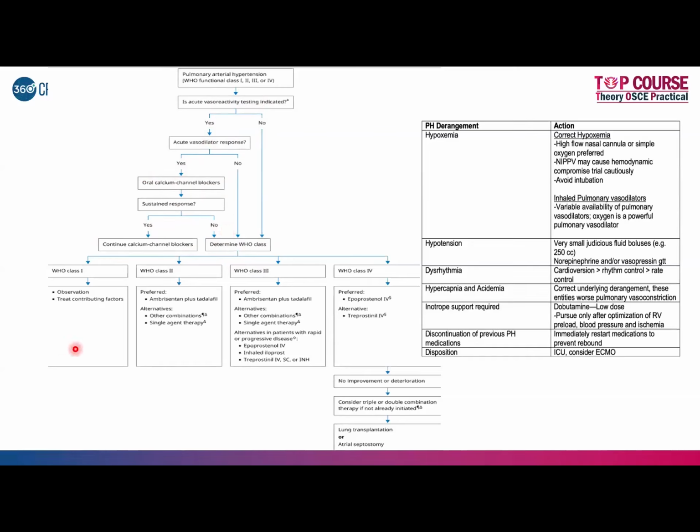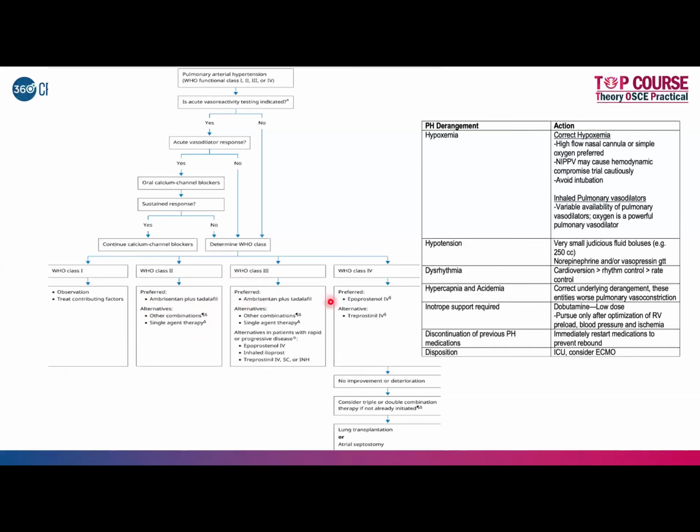For class 1 patients, observation and treat the contributing factors. For class 2, that is the left heart failure patients, go for what is preferred? The preferred treatment is ambrisentan plus tadalafil. Other combinations may be used, and single agent therapy may be given, but this is the preferred first line.